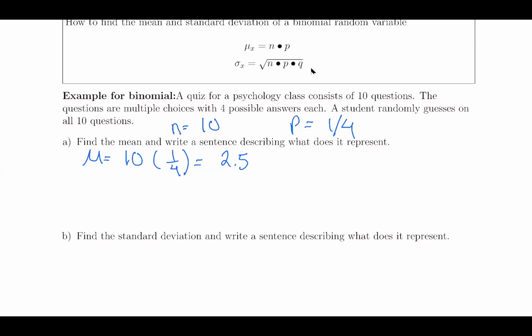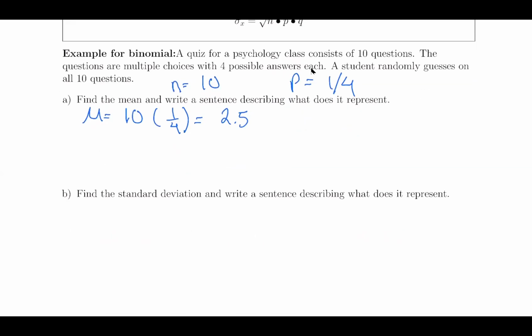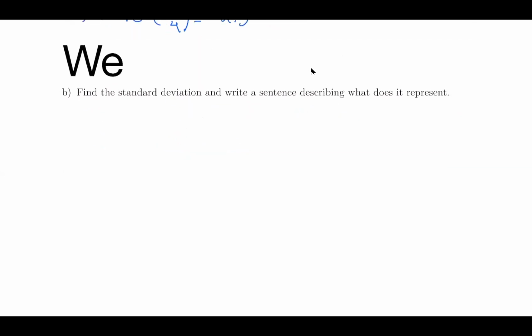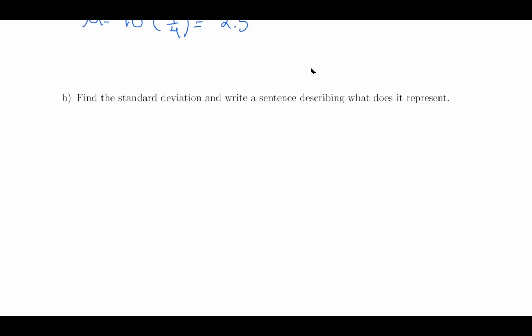So what does it represent? It's telling you, on average, how many questions we should expect you to get correct. So on average, we should expect this person to get 2.5 questions correct. But we know we can't get half of a question correct on a multiple choice question, because either you got it correct or you got it incorrect. So the way we could write it, we could say, ooh, too big.